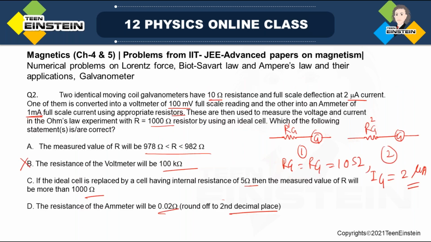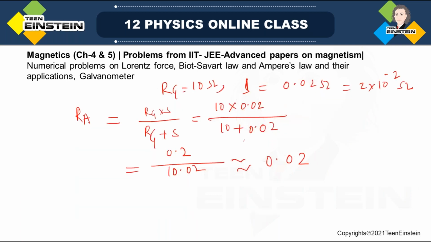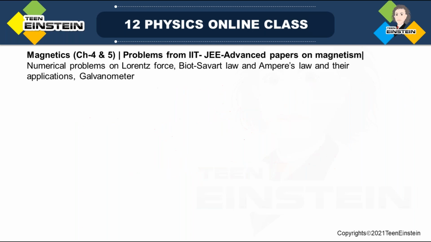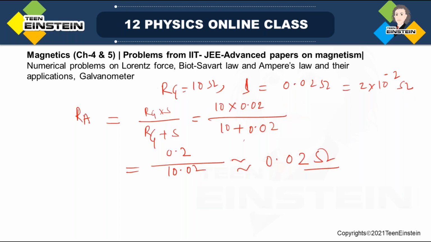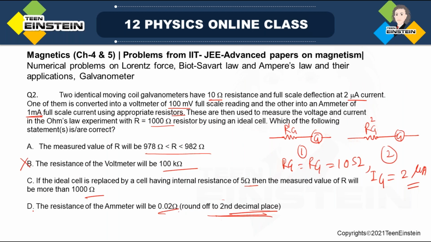The answer was that the resistance of the ammeter will be 0.02, rounded to the second decimal. So this is actually the correct option. We have checked two options, now we have to see the other two options.